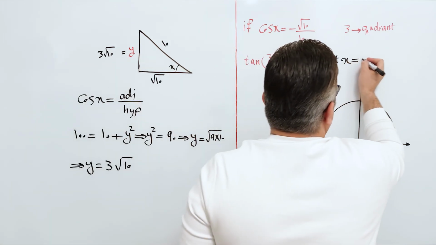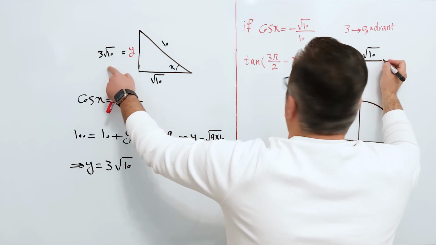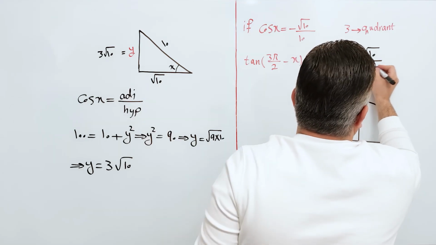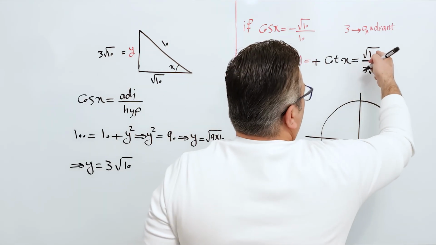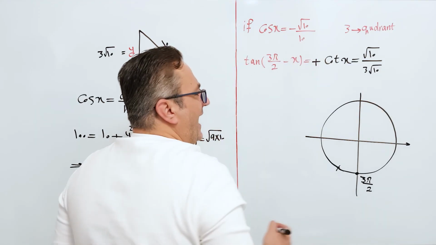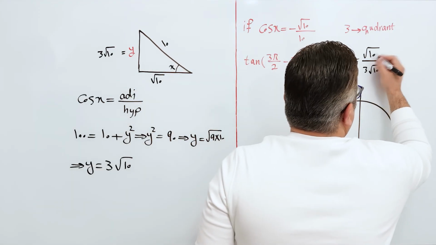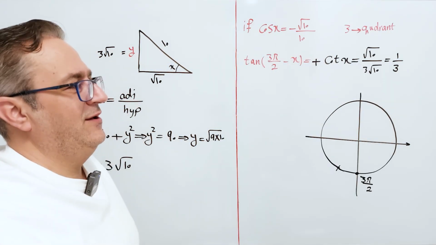So cotangent x is equal to the square root of 10 divided by 3 times the square root of 10. And we know that the square root of 10 and the square root of 10 cancel out, and it is equal to 1 over 3. Okay?